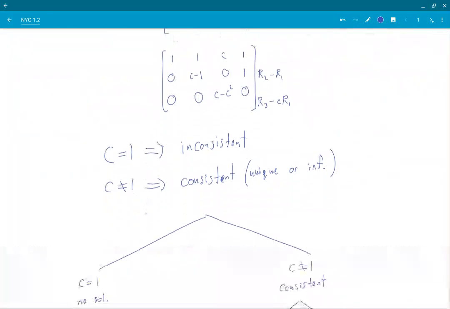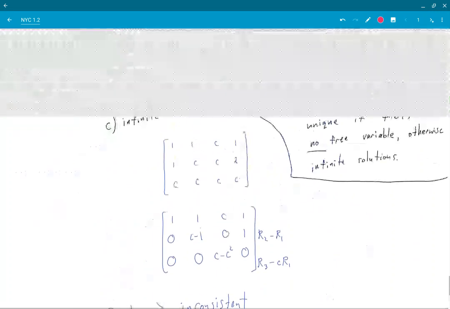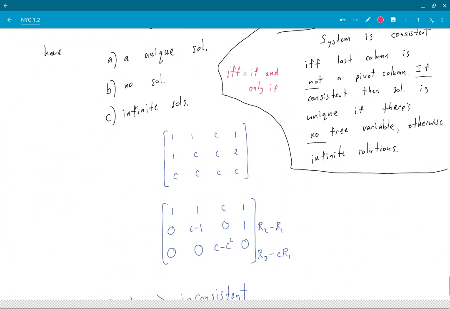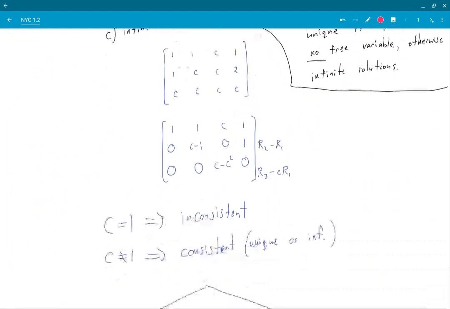Let's start thinking there. So C is not 1. So what does that mean? That means I have a pivot here. Now, when am I going to have infinite solutions? Well, I look at theorem 2 again, and it says if there's a free variable, then you have an infinity of solutions.